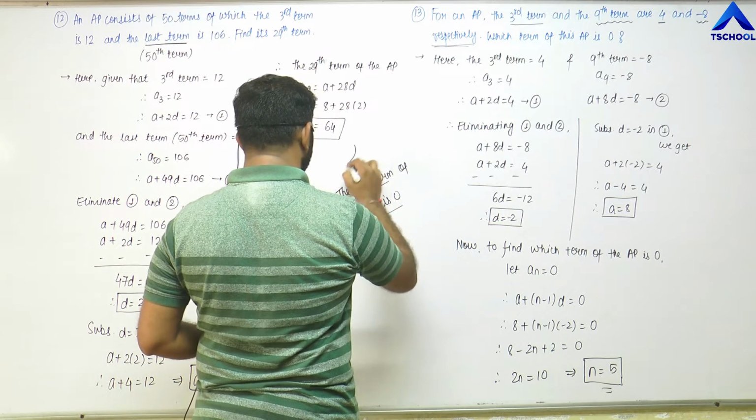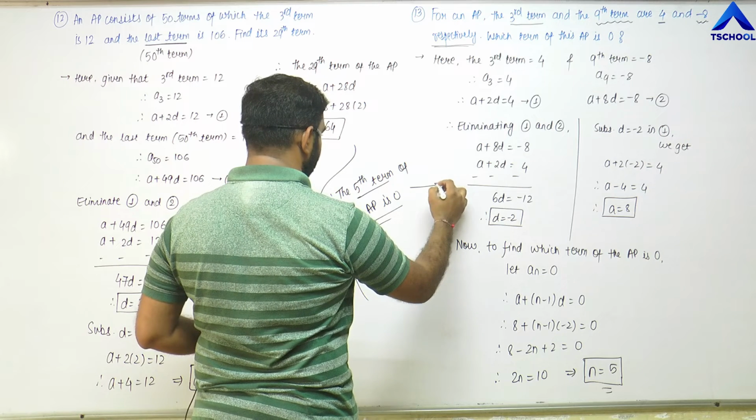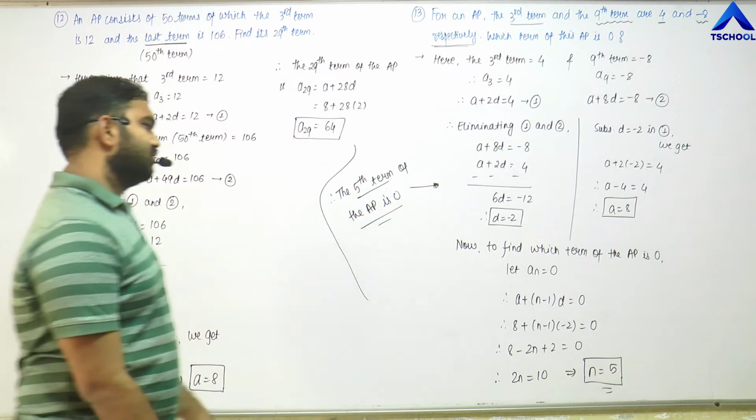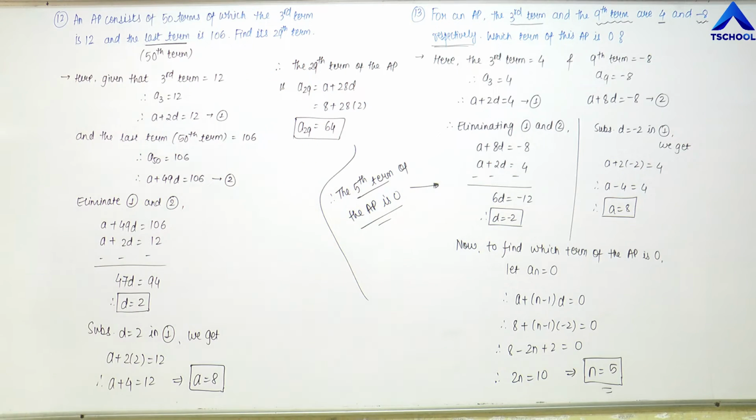The answer to the question, which term is 0? So the fifth term of the AP is 0. So in this way you can find out the number of term for which it is the required value. Here we needed to find out which term is 0. So the fifth term is 0.